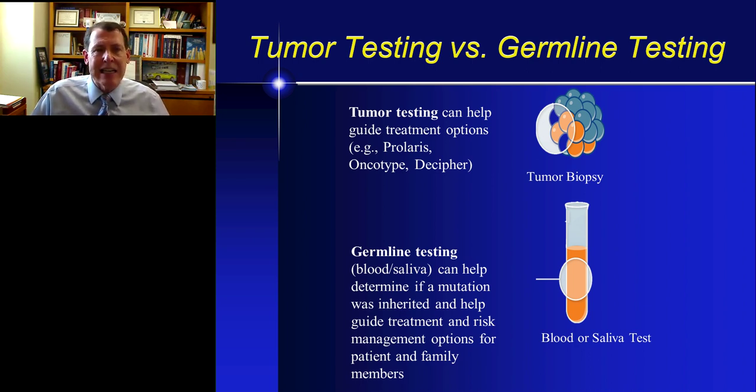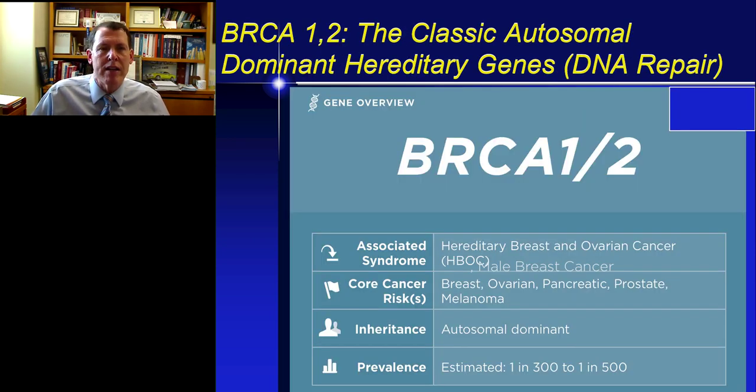The classic hereditary cancer gene is the BRCA family, BRCA1 and BRCA2. And this is a classic autosomal dominant hereditary gene. I'll talk about it a little bit more in a minute, but the BRCA family are in what they call the DNA repair family.